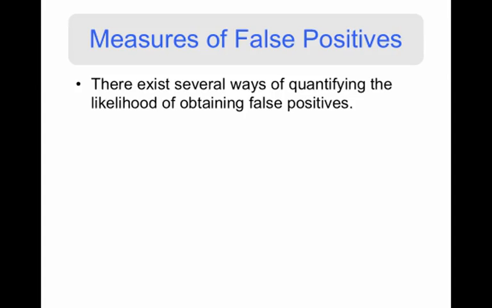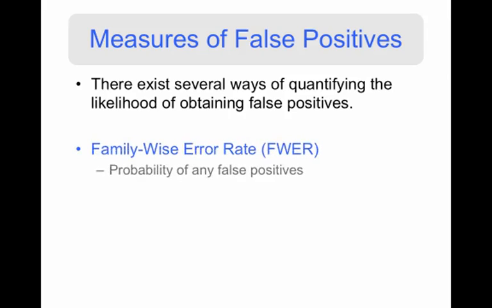Now, there exist several ways of quantifying the likelihood of attaining a false positive, and we have to talk about this in order to choose an appropriate threshold. We can control the family-wise error rate, or the FWER, which is the probability of any false positive. So if we want to make the probability of getting any false positive in the image very, very small, we say that we control the family-wise error rate.